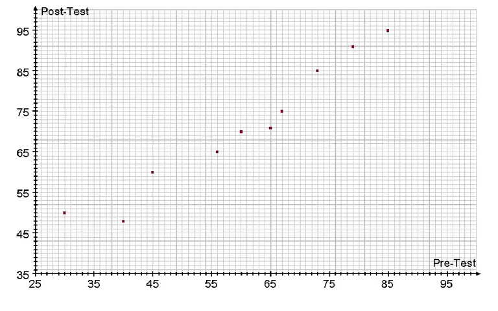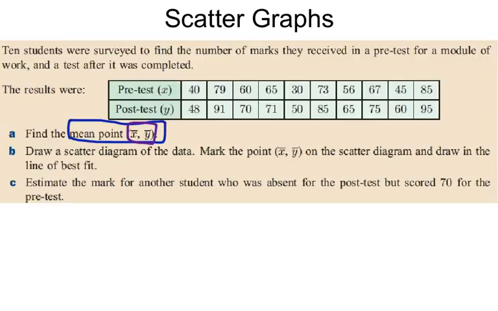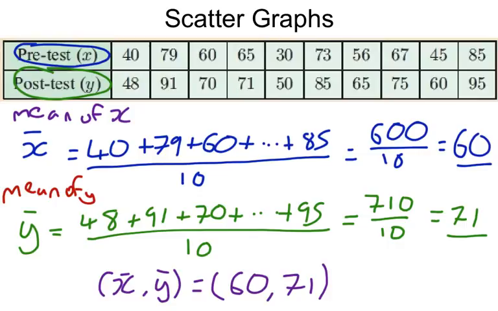Now, in the original question, we were asked to plot the point x bar, y bar on our scatter diagram, and then to draw in the line of best fit. So we've got two things to do. Mark the point x bar, y bar. So we go back to here, and we remember that our point x bar, y bar is this one here, 60, 71.